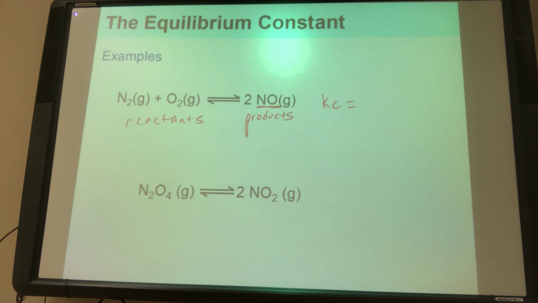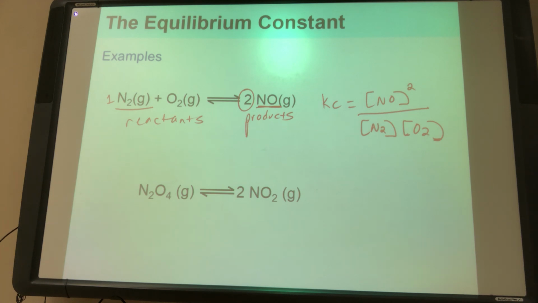So I write whatever this is in a bracket, NO, and then this becomes my power. Whatever this is, it's a reactant, so it's on the bottom. Since this is a 1, I don't really write the 1. Then O2, since it's a 1, I don't write the 1. So that would be my Kc. Not too bad, right? Products over reactants.